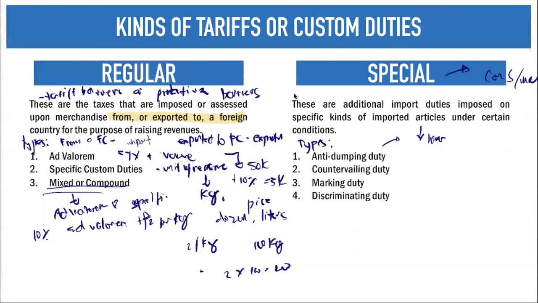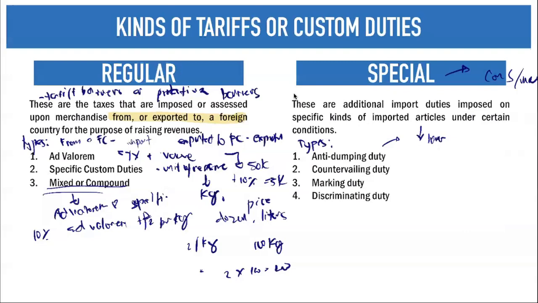Therefore, the other businesses here in the Philippines would not be able to sell, because since the price coming from the foreign country is lower, the competition of the Philippine market with that imported article is not at par. Why? Because of course you will buy the lower price. That's why we give a special type of duty. We call that anti-dumping duty.